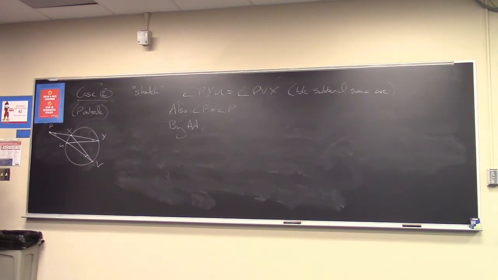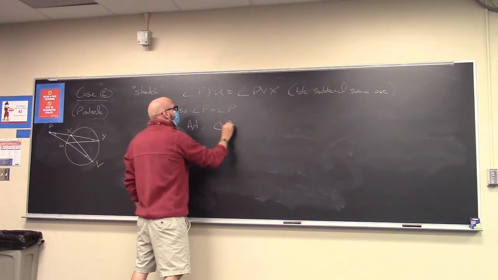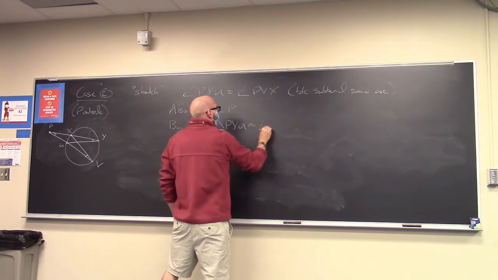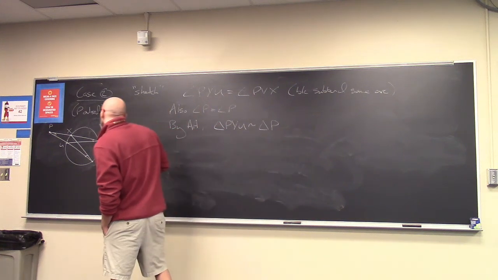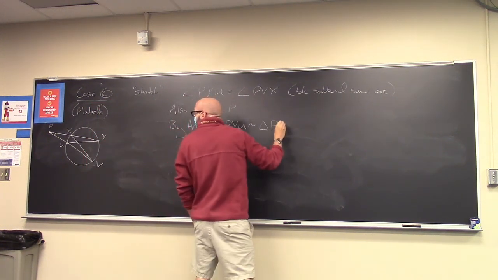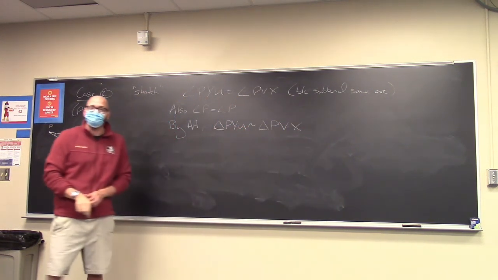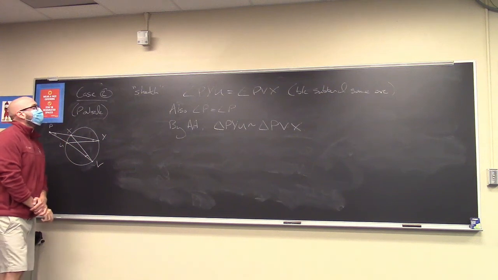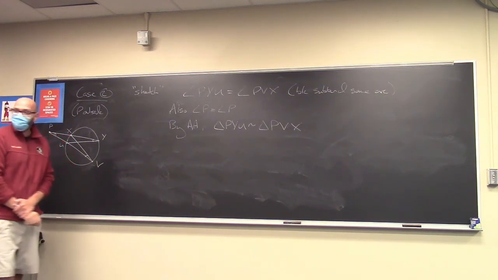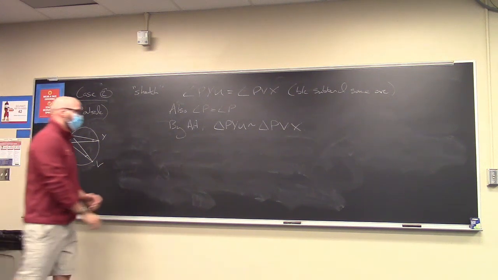But by AA, triangle PYU is similar to triangle PVX. Right, and then it's exactly the same as before. So I won't even finish it now.